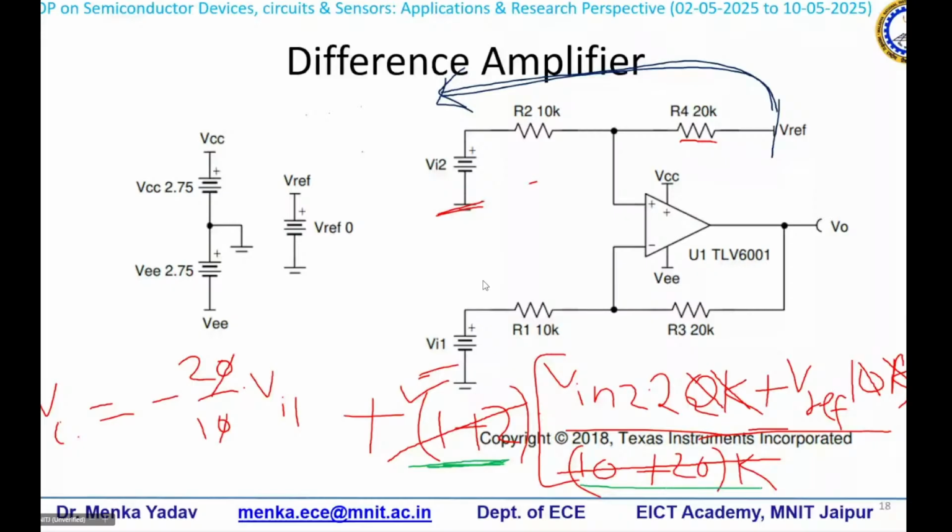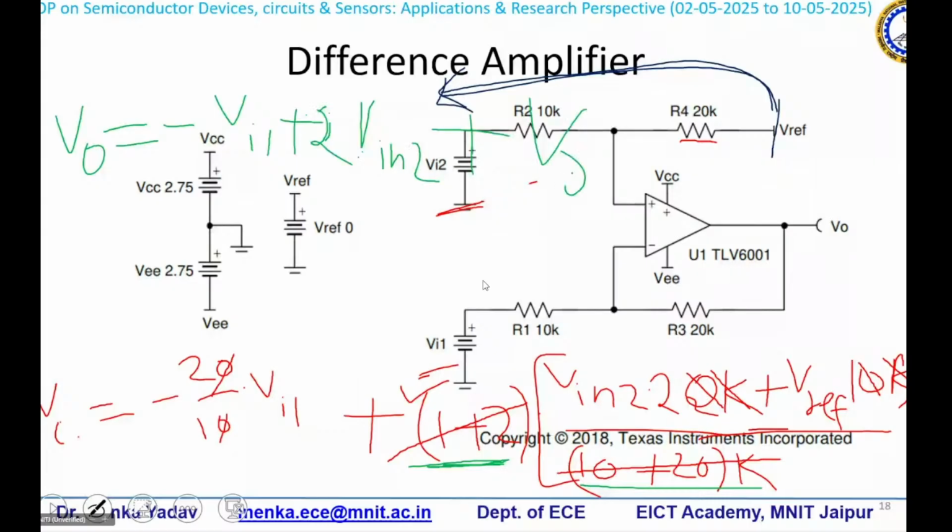So we are left with VO is equal to minus of VI1 plus twice of V into plus V reference. So for this particular case, we will be having this as our output voltage, right?